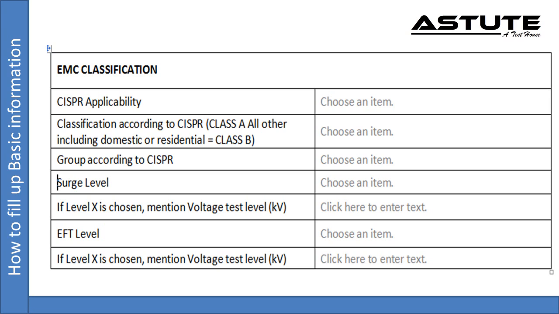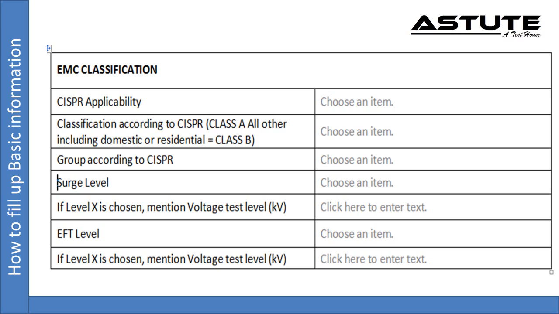About Group 1 and Group 2. Group 1 contains all ISM equipment in which there is intentionally generated and used conductively coupled radio frequency energy, which is necessary for the internal functioning of the equipment itself.